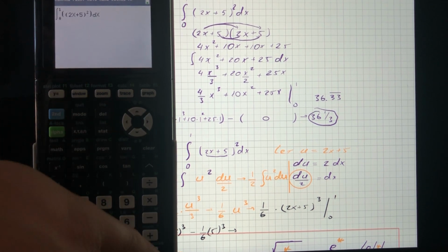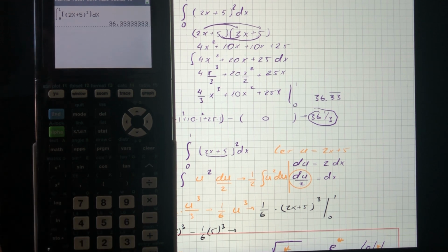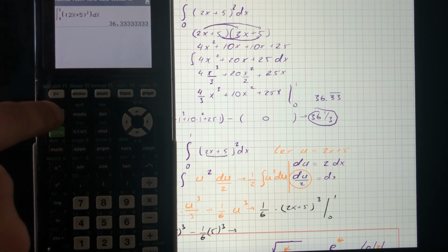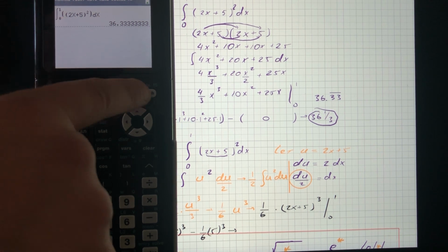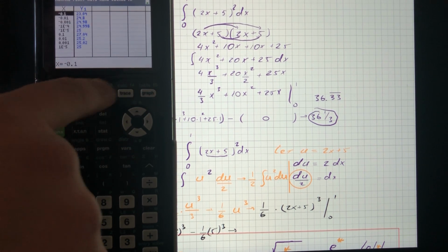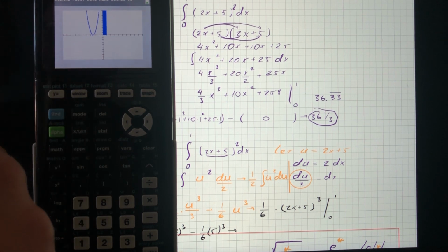So here is the question. Let's see what the answer is, 36.33. So this is how to use the technology to check our answer numerically and how to check it visually with the area under the curve.